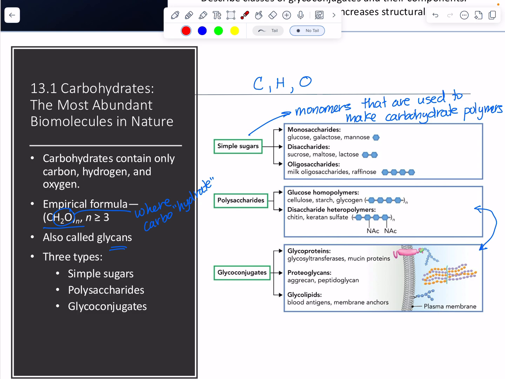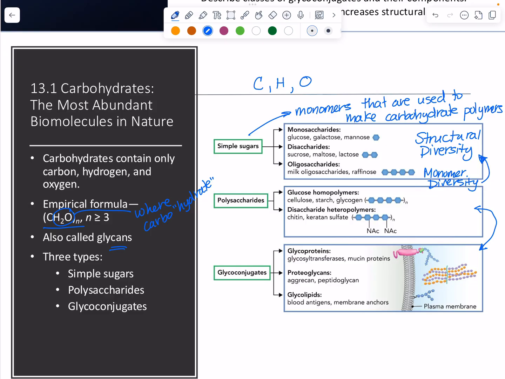So one of the most important themes when thinking about carbohydrates is structural diversity. And that stems from the diversity of monomers that we can have. So monomer diversity yields a great deal of structural diversity.